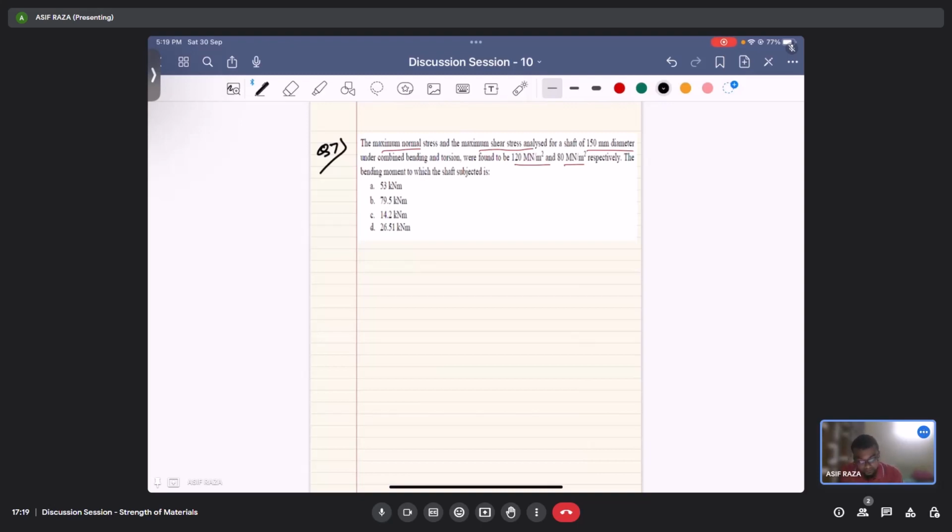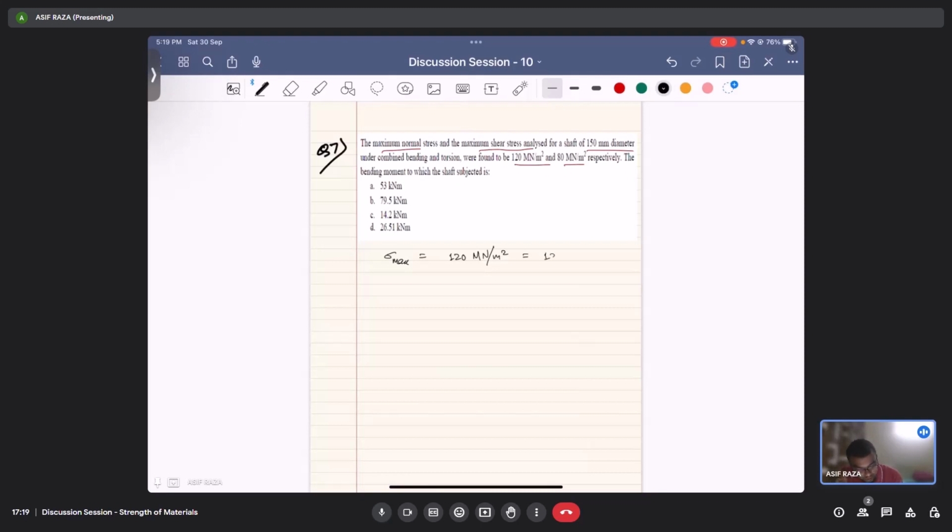Okay. So the question is, it's given sigma max as 120 meganewton per meter square. If I convert it into Newton per mm square, then below it would be 10 power 6, and above it will be 10 power 6 Newton.